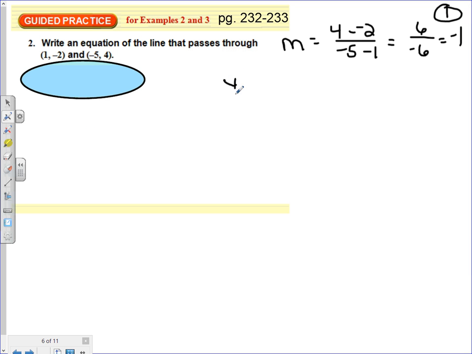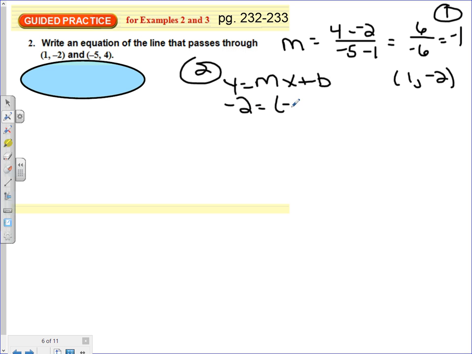Step 2, y equals mx plus b. Working on step 2 here, trying to find b. I can pick either point to use as my x and y. I'm going to work with the first point. It doesn't matter. Either will work. So negative 2 is equal to negative 1 times my x value, which is 1, plus b.